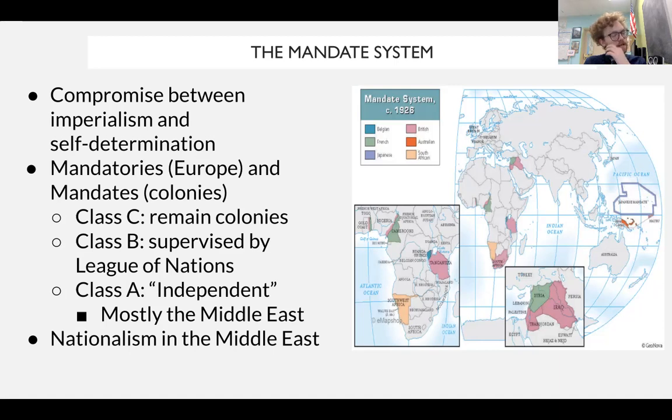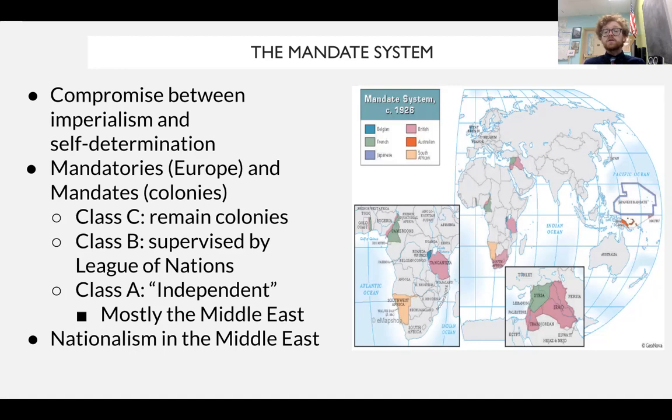In Class B societies, these are more populated, more densely urbanized, and somewhat industrialized countries. They have a degree of development. They are going to be supervised by a council on the League of Nations. Remember, the League of Nations, international cooperative body seeking to prevent World War II, seeking to prevent future conflict, I should say.